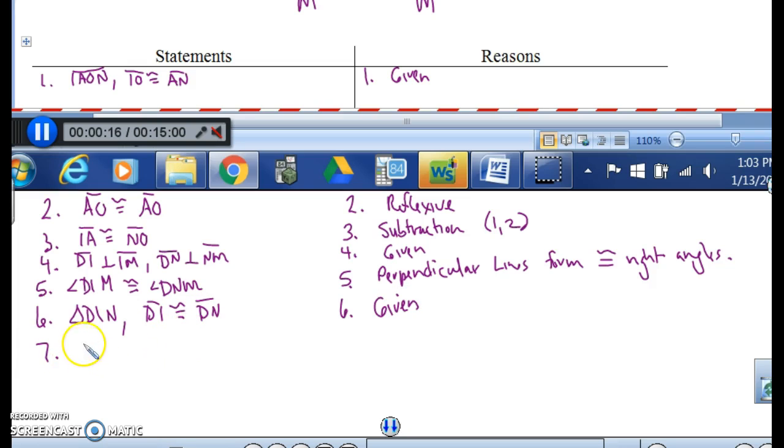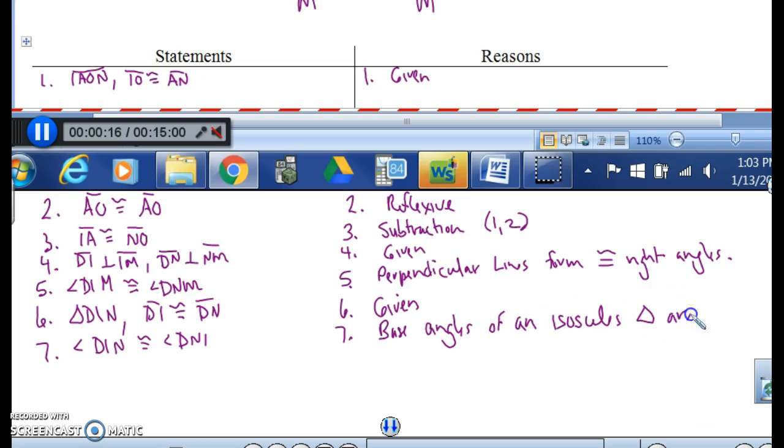So I can say angle DIN is congruent to angle DNI because base angles of an isosceles triangle are congruent. Okay, and the isosceles triangle came from this.